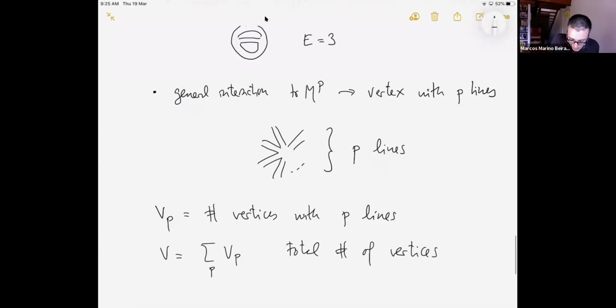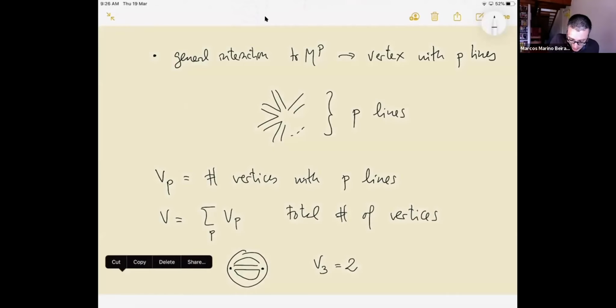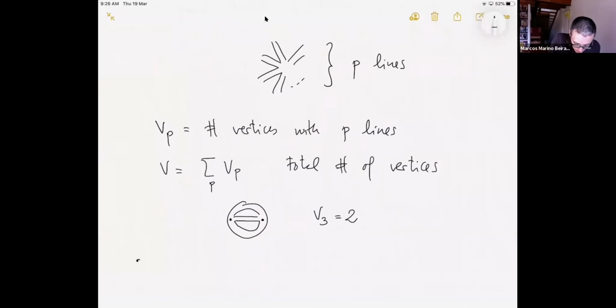For example, this diagram has two vertices, one here and one here, so V_3 equals 2. And the last thing that we want to consider is H, which is going to be the number of closed loops.